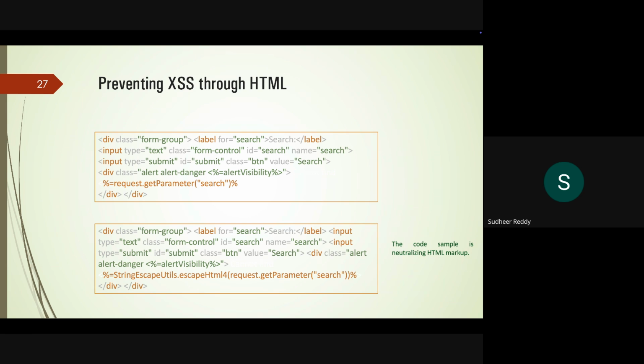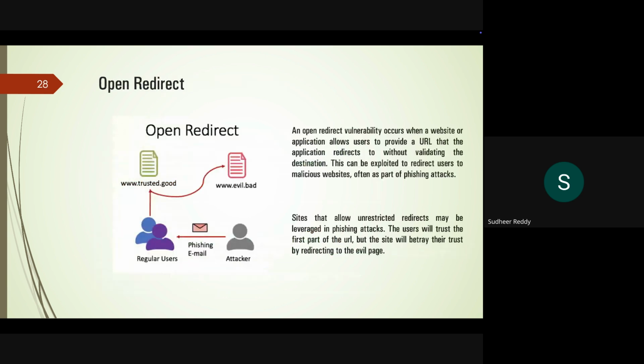Then you can control intruders' attacks on this particular code. So this is what is called preventing cross-site scripting, implemented as part of HTML or any of the scripting language codes.